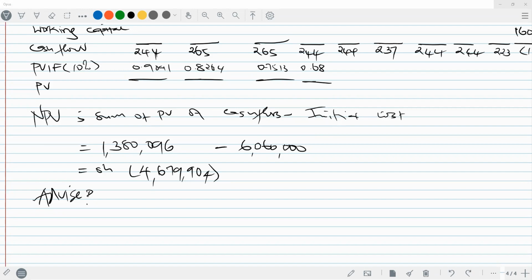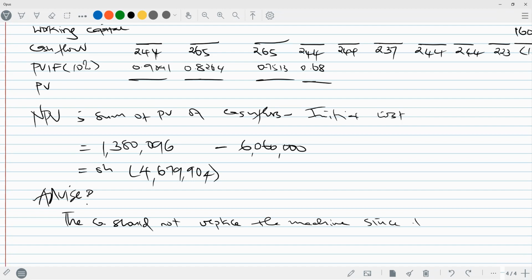The company should not replace the machine since the NPV of the transition, the NPV of the replacement position, is negative.